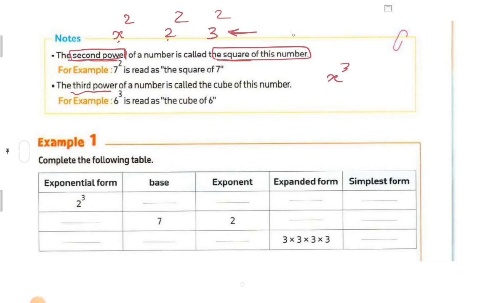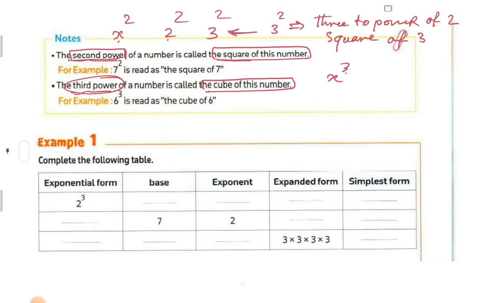So 3 power 2, I call it 3 to the power of 2, or the square of 3. Now, power 3, let's call it the third power, or the cube.